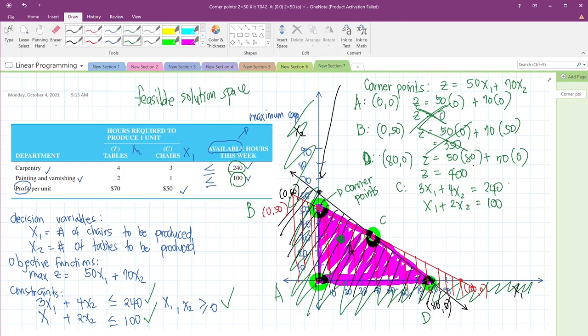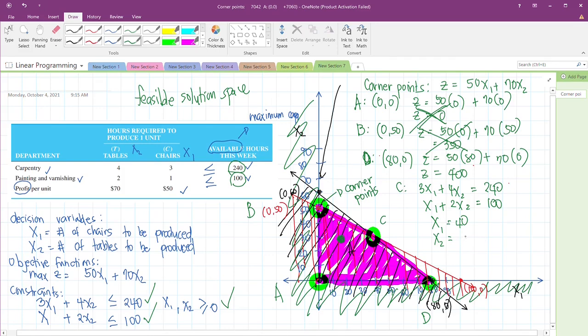Tapos, sa B ay 4. Tapos, 240. And then, 1. Tapos, 2. Tapos, 100. Okay? So, x1 natin is 40. Tapos, x2 natin is 30.